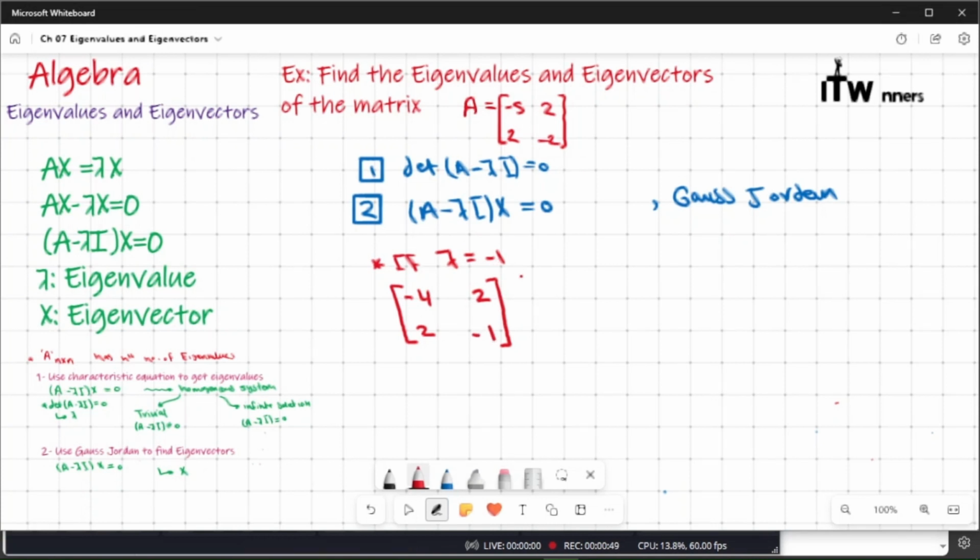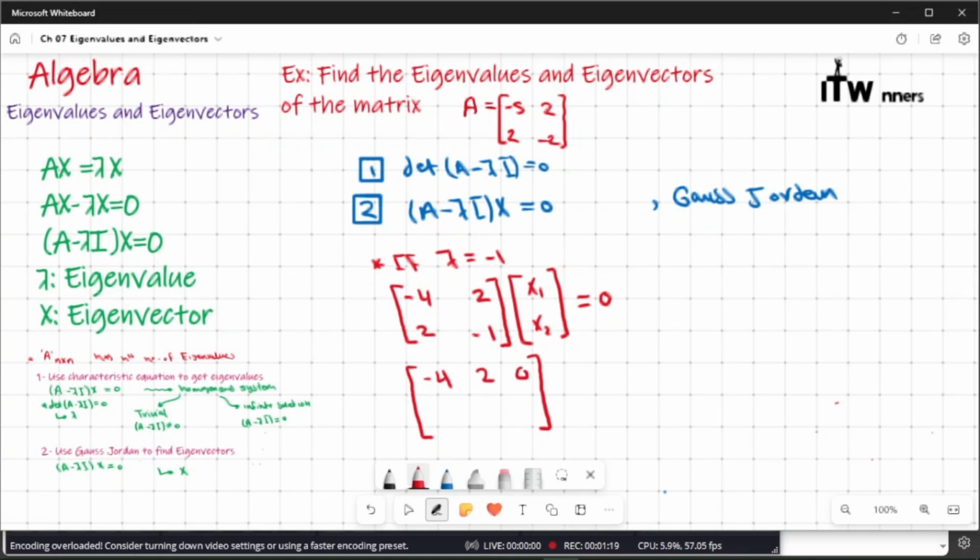Okay, and 2, here x1 x2, the elements of vector x, equal to 0. Augment this matrix to the free term. So by using Gauss Jordan we have negative 4, 2, 0, 2, negative 1, 0.